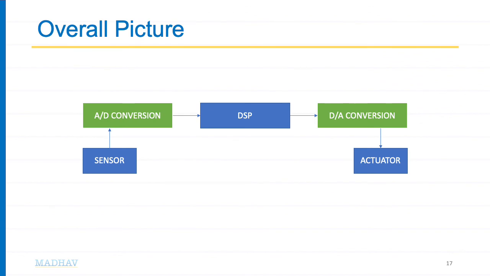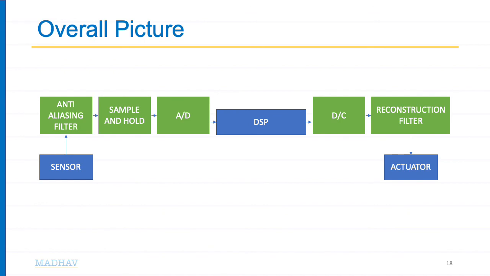The overall picture is something like this. You have some sensors, you convert the signal into digital, you do some DSP, convert it back to analog, and then use the actuator to do whatever you want to do in the real world. Now I open it up. What I wrote earlier as simply A to D conversion has many steps, three steps you can see here. First, you do anti-aliasing filtering by removing the extra tails which may protrude into the copies.